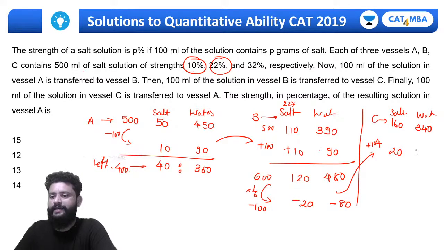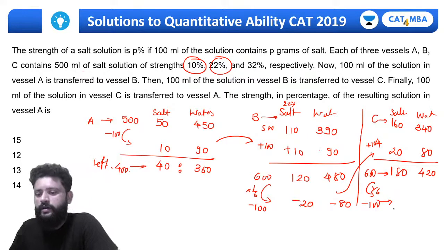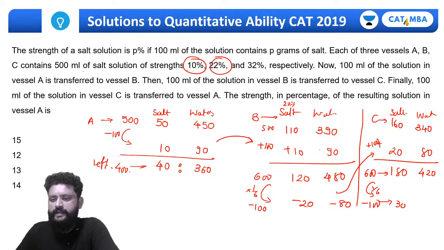तो ये हो गया 20 and 80. That comes out to be 420. This will be 180 in 600. Now यहाँ से -100 जब मैं करूँगा, that is 1/6. 1/6 करो इसका, that comes out to be -30 and -70.